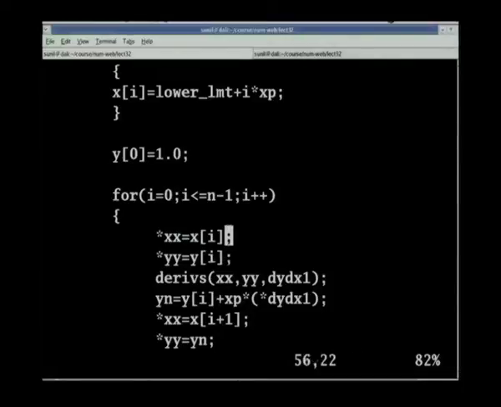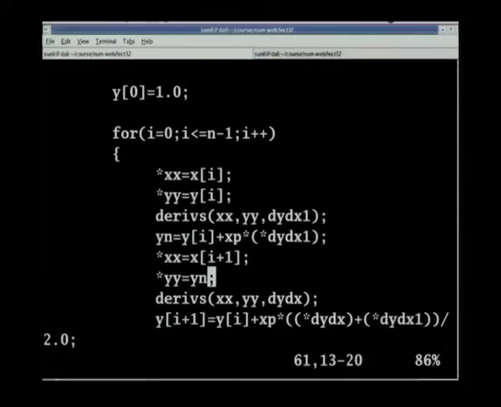So, I first took the x and y value, that is x 0 and y 0 at I equal to 0, and then I evaluated the derivative there, and then I computed this y n, that is y 0 plus h times the derivative. Then I went to the next point in x, that is x 1, and I use y now as this value and evaluate the derivative again.